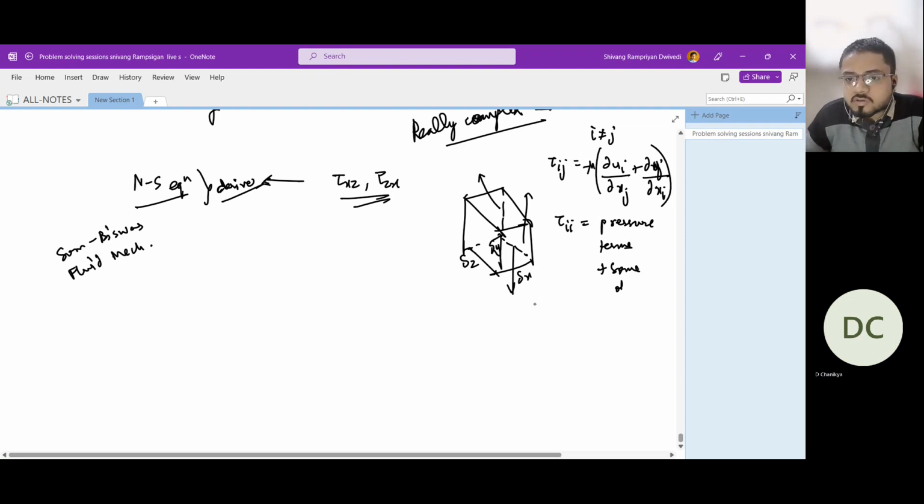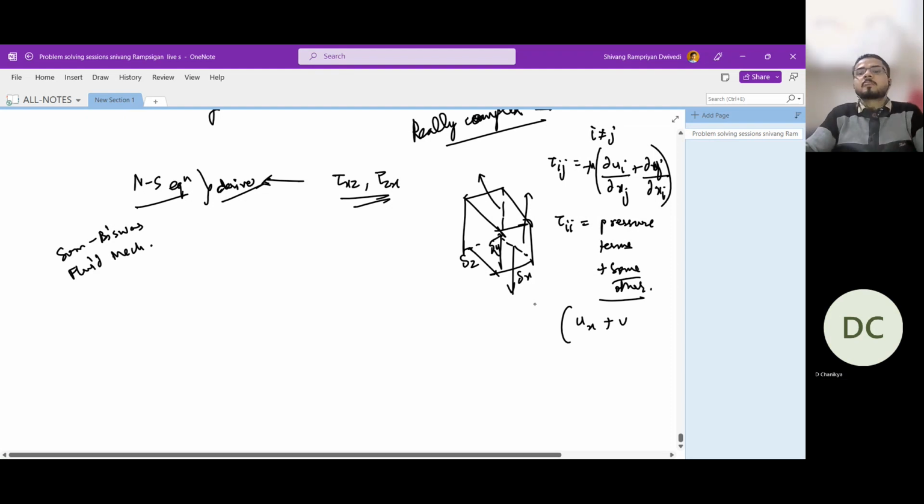These are big terms that give you formulations like u x plus u y squared.